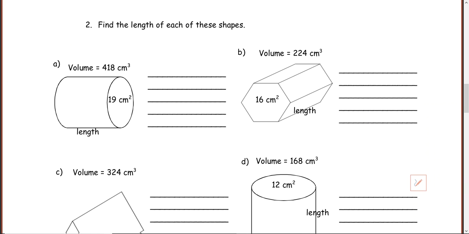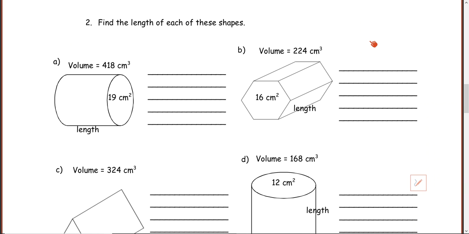Rightio. So then, this is the bit that seems to confuse people. Exactly. This is not quite as tricky as your homework, because you're not being asked to find the radius of the circle, you're being asked to find the length. But same idea, you follow the process of your homework. So I know that the volume is equal to 19 times whatever the length is.